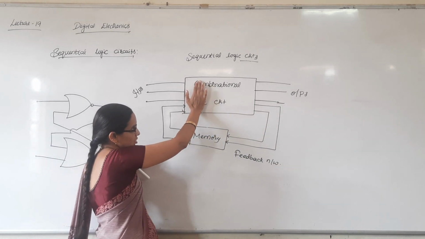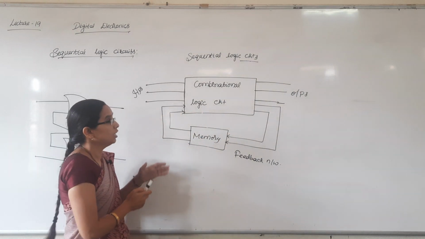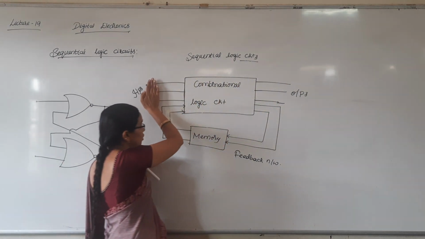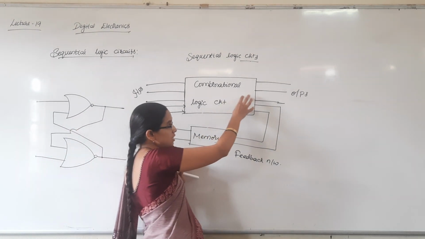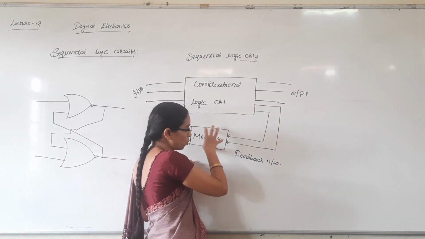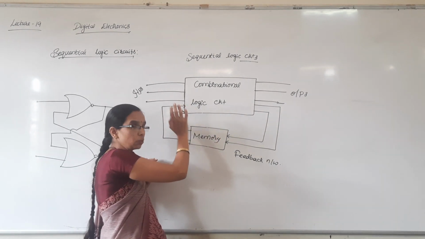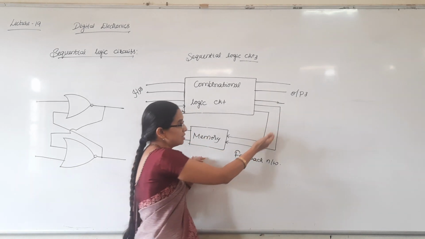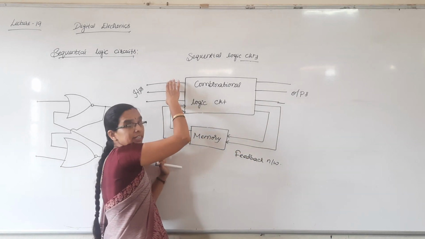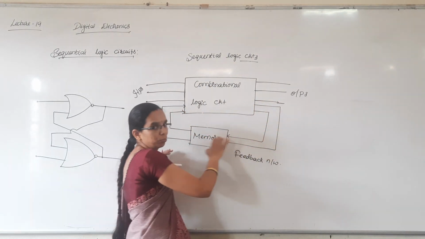In combinational logic circuits, we only have inputs and outputs, and the outputs depend only on these inputs. Whereas in sequential logic circuits, the outputs are stored and given back to the input, so that the next outputs depend not only on the present input conditions but also on the previous outputs.